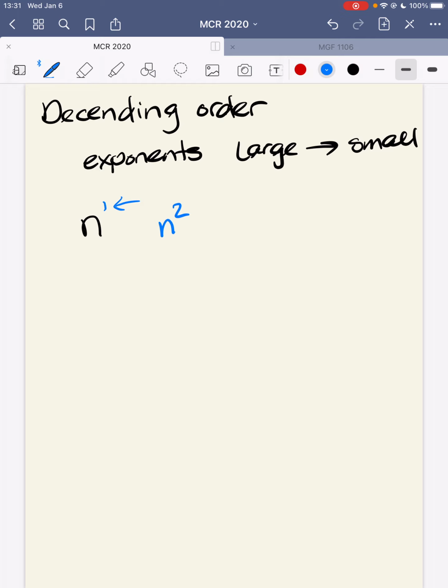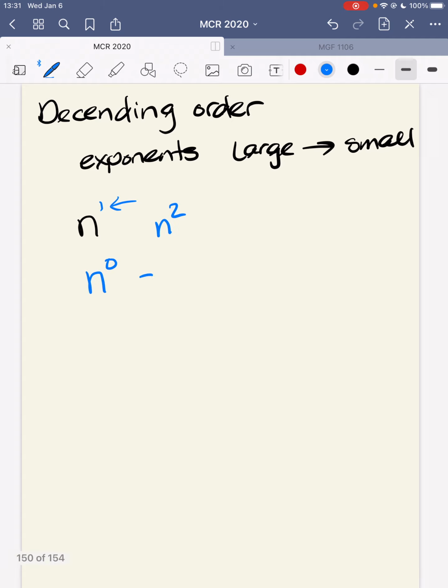Another idea we need to remember is this idea of a zero exponent. All right. Try to think about what you would want that to be. But any variable to the 0 power is 1.